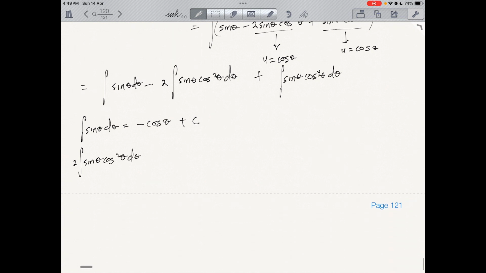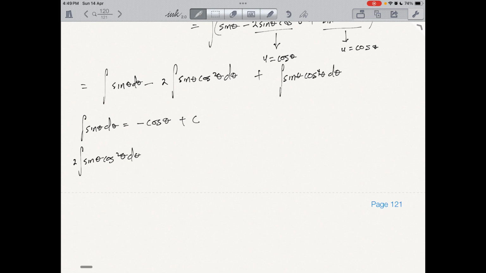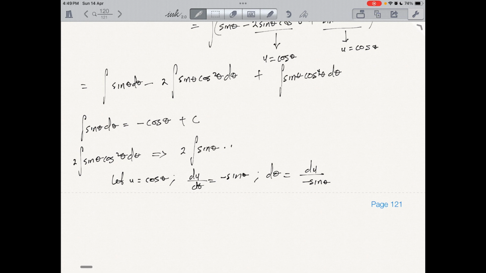Let's go with the principle of substitution. So we say let u be equal to cos theta, and if u is equal to cos theta, du d theta is equal to minus sine theta. Therefore, d theta is equal to du divided by minus sine theta. So with that done, we can change variables, and this will give us 2 integral of sine theta multiplied by u squared and du divided by minus sine theta.